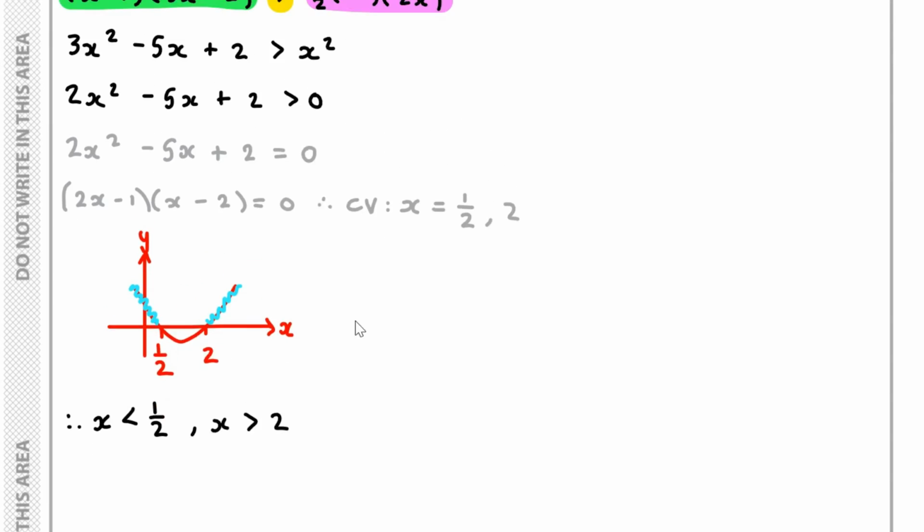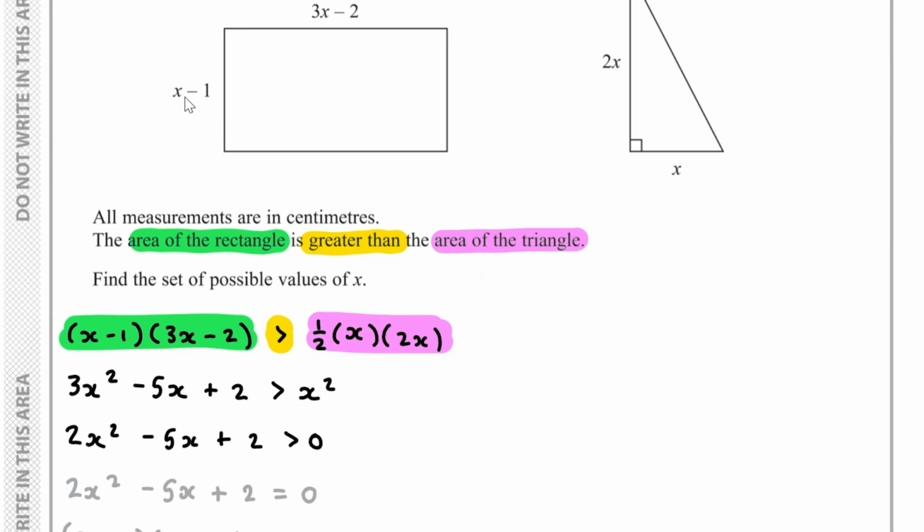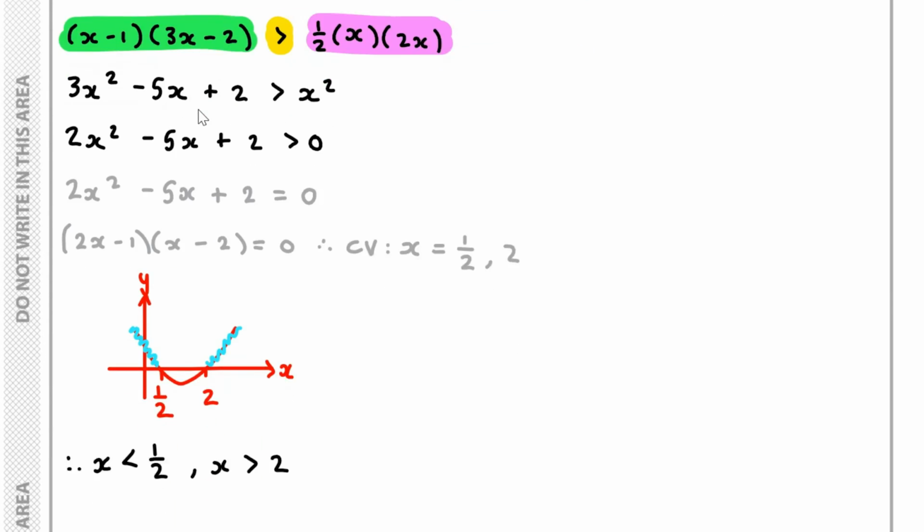Well, if we take a look at the x minus 1, if we have something which is less than 1/2, then we've got, say, 0.4 etc. minus 1, which will always be negative.